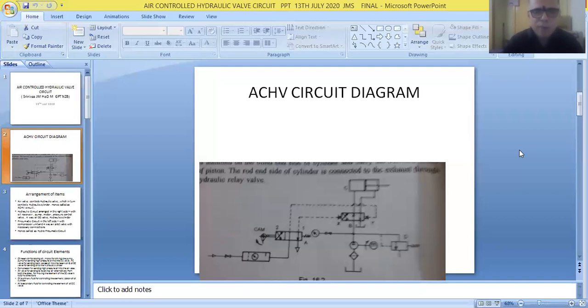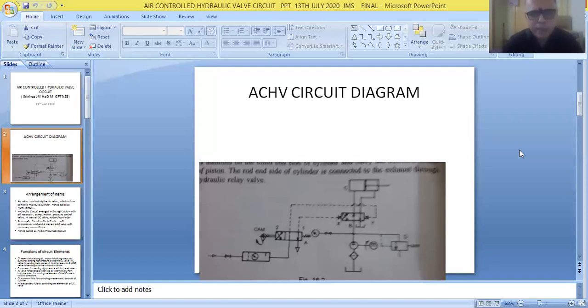So the element of the hydraulic DC valve moves in the forward direction, and automatically the valve comes to first position. That means when the air valve comes to first position, the hydraulic valve also comes to first position, and this is used for moving the piston of the hydraulic cylinder in forward direction.